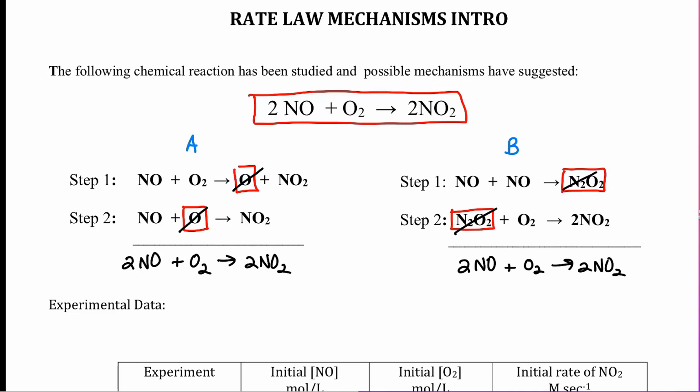And it does. So both of these mechanisms support so far that they are representative of this overall reaction written here. Now, we need more data because we need to know if in fact they actually are supported by something called the rate law.